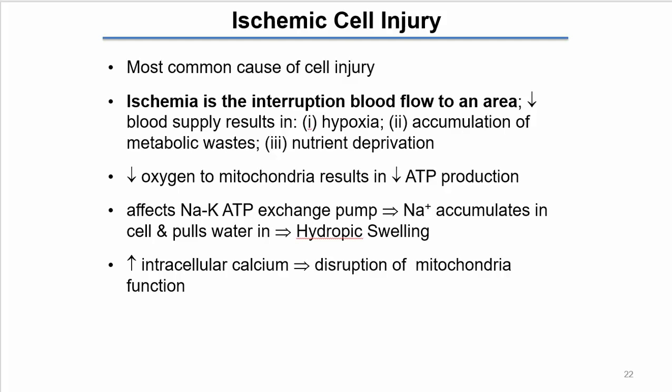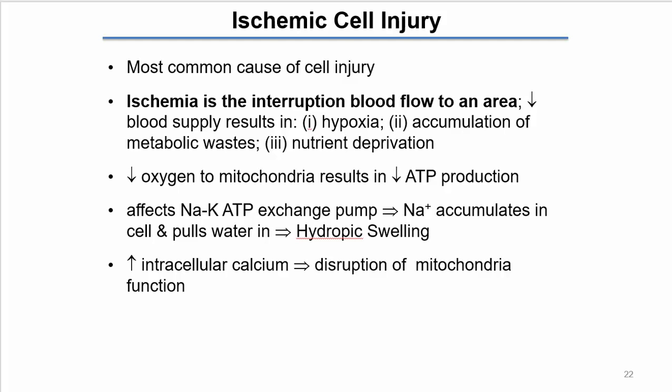This kind of hypotonic extracellular versus intracellular means that water will move into the cells by osmosis and the cells will swell. And we call this hydropic swelling. This hydropic swelling really disrupts a lot of what's going on in the cell, because the cell is being stressed and swollen.